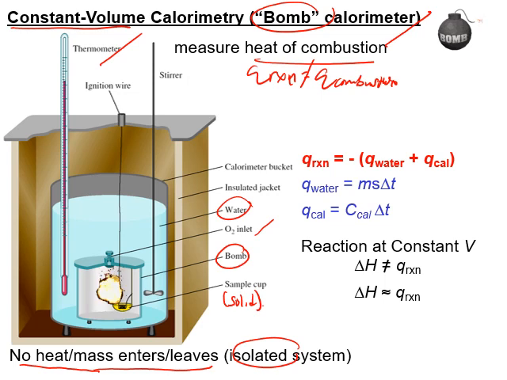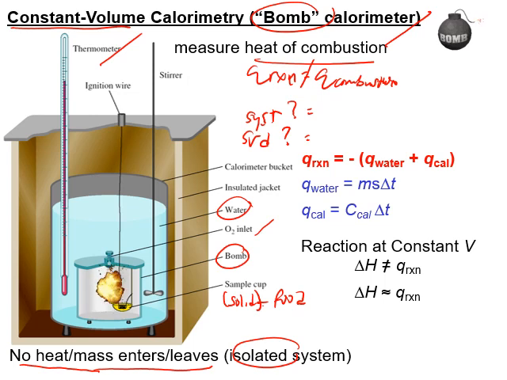For every system, you need to know what is the system and what is the surrounding. In this case, the system will be the food. Normally, we use a solid as the food. Let's say we want to find the heat change from burning certain solid, burning certain foods.